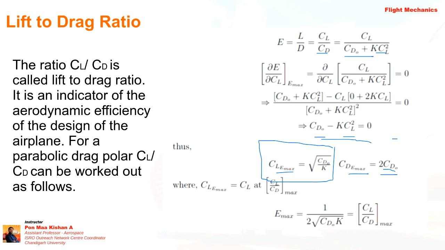So simply we can substitute here for L by D. Here we have calculated the CL for E max. If I am marking E suffix max, I will mark here CL at E max, CD at E max, okay? I will be substituting these in this equation so that I can find the E max value.